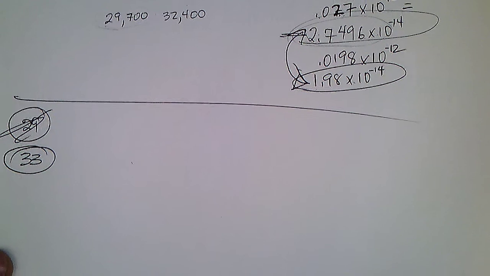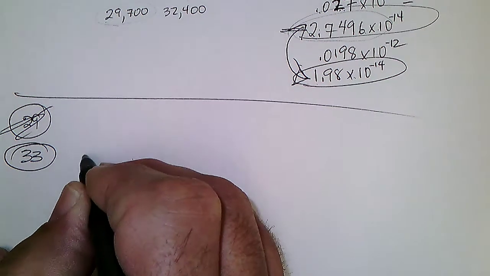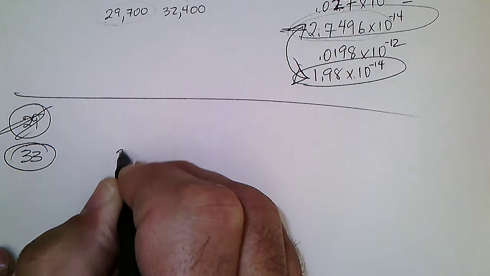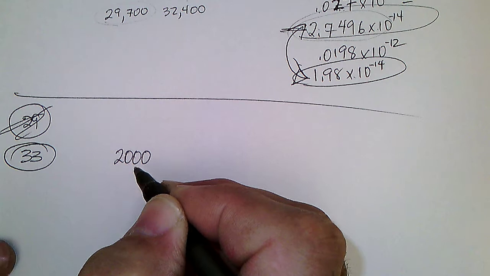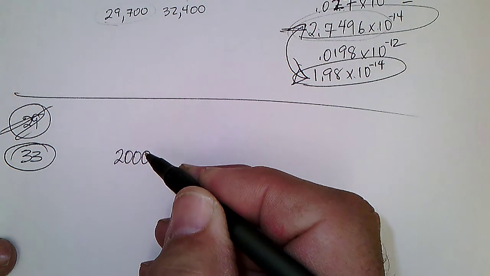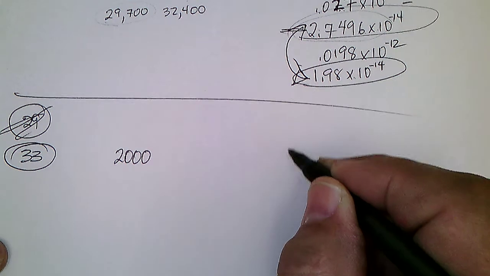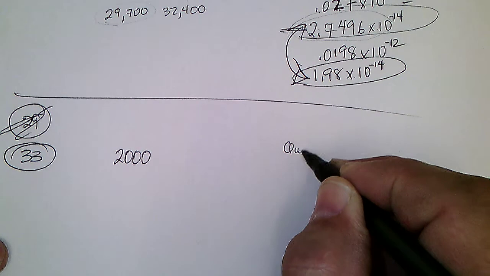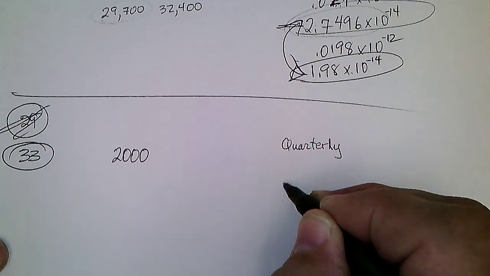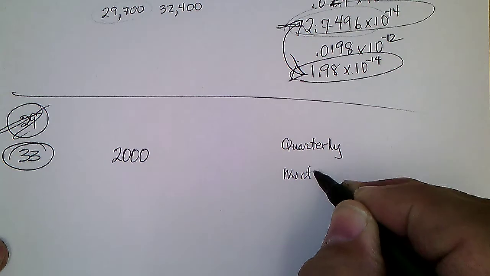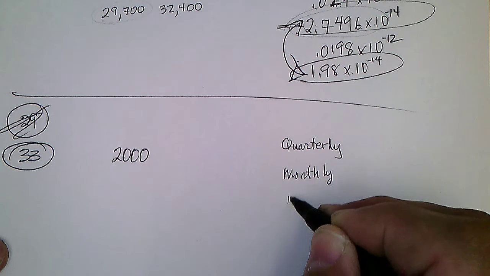And 33 said, compute the balance after 10 years if $2,000 is deposited in a 9% interest-bearing account compounded quarterly, monthly, and annually, or continuously.